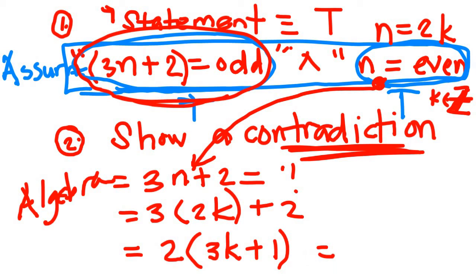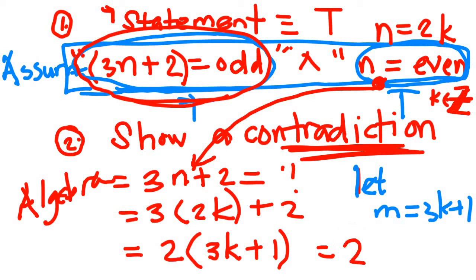If you let any number m, for example, be equal to 3k + 1, then we end up with a number which is twice m, which is a number that is even.